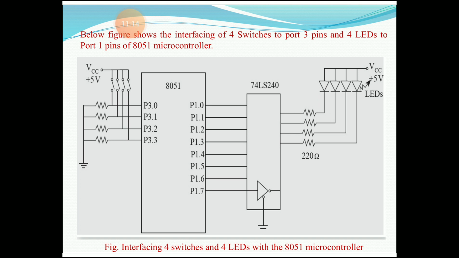If the port 1 line is 0, the corresponding LED will be off. So this is the interfacing of 4 switches connected to port 3 and 4 LEDs connected to port 1. This information is passed from port 3 to the accumulator and from the accumulator to port 1 by using instructions.